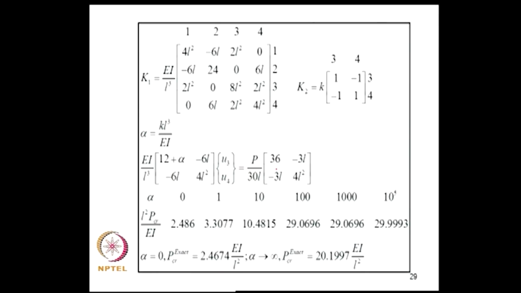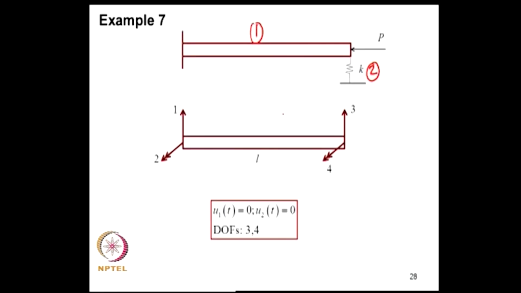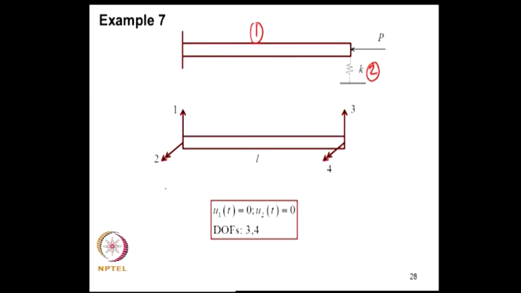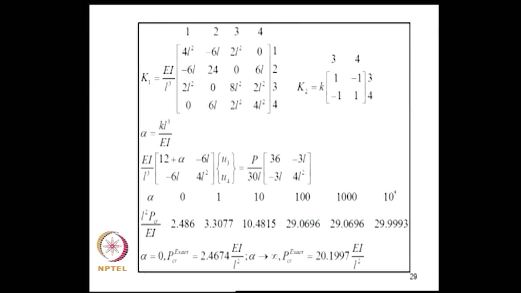Clearly, the critical loads will be a function of K. That parametric study has been done. When alpha equals 0, it becomes a cantilever beam, and when alpha tends to infinity, it becomes a propped cantilever. So, for K equal to 0 and K equal to infinity, we know the exact solutions. Here, when alpha equals 0, this is the exact solution, and when alpha tends to infinity, this is the exact solution.